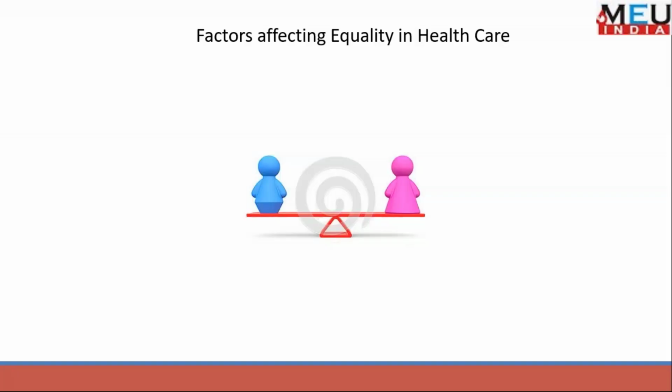So are there any factors that affect equality in healthcare? Can you name some factors which can affect equality in healthcare? Financial condition, yes. Social, yes. Geographical, Dr. Sandhya, thank you. Cultural differences, very good.